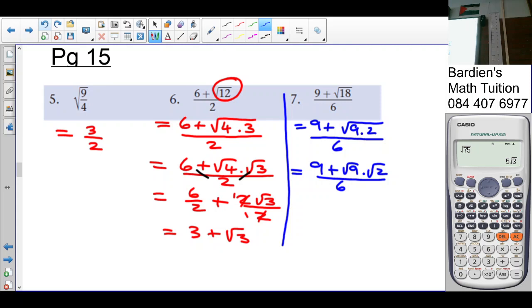Now what we do, we apply the square root, not so? Or we could break it up like this here. But we are rather going to apply the factorization. Or let's do both. I'm going to break it up, then you can see the difference, okay? So that's going to be 9 over 6 plus 3 root 2 over 6.